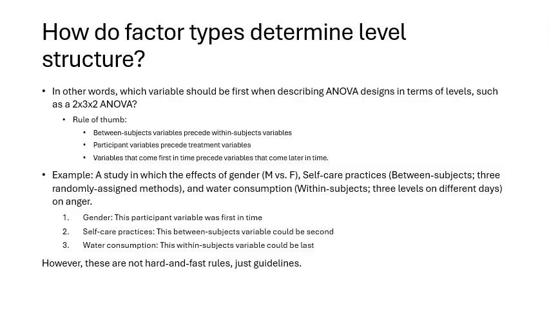Well, in this case, you would want to list gender first. It's a participant variable. It's also first in time. Self-care practices might be second because it is between subjects, and water consumption could be third because it's within subjects. But these are not hard and fast rules, just guidelines. Different people might advise different things.